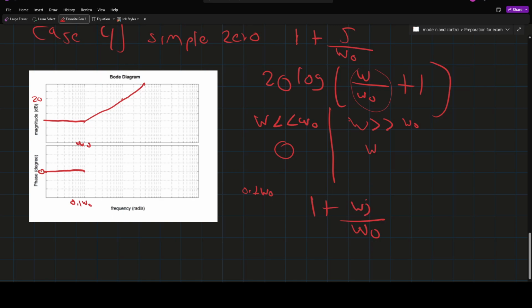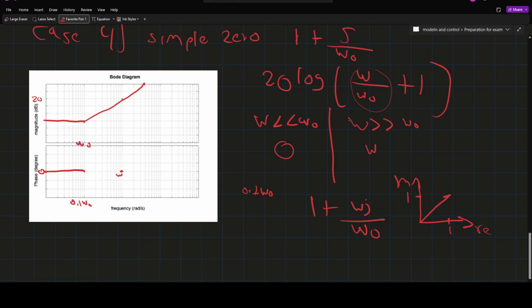In the other case, when these two are equal, when it finally reaches the value of omega naught, so when we have omega equal to omega naught, we are going to have in our real and imaginary plane 1 and 1.